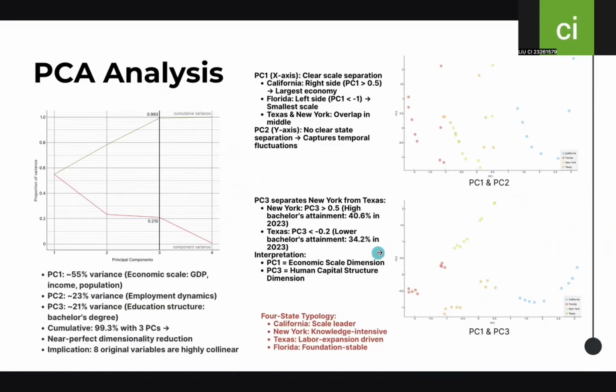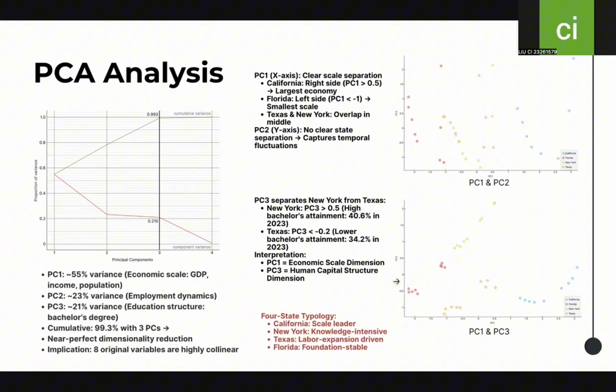So we analyze that PC1 captures economic scale, PC2 reflects year-to-year employment fluctuations, and PC3 is driven by bachelor's degree attainment. And we can see that PC3 actually separates New York from Texas, where New York leads at 40.6%, while Texas shows 34.2%.